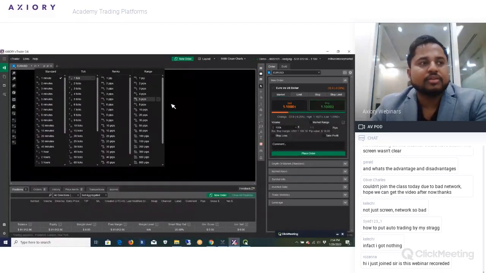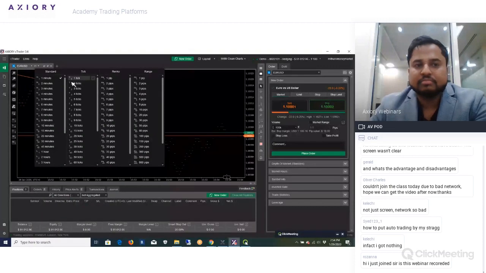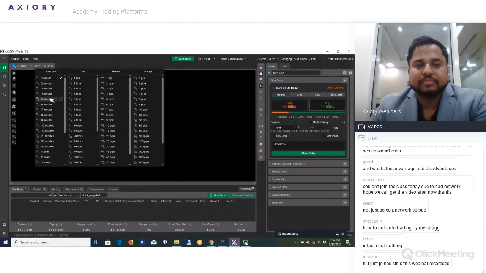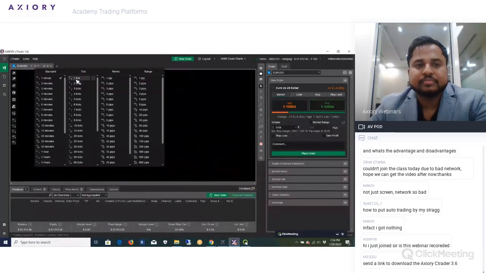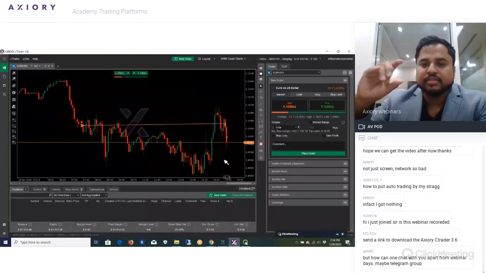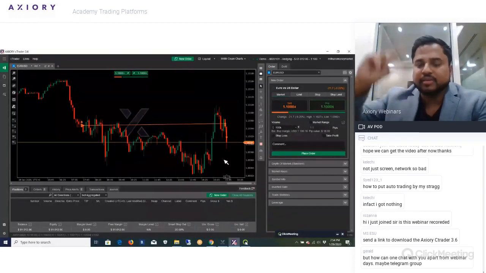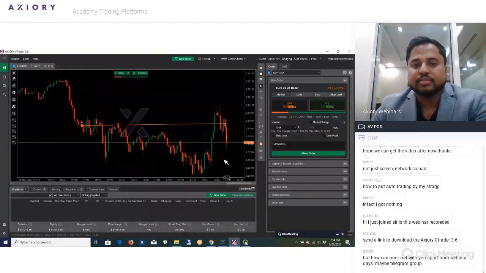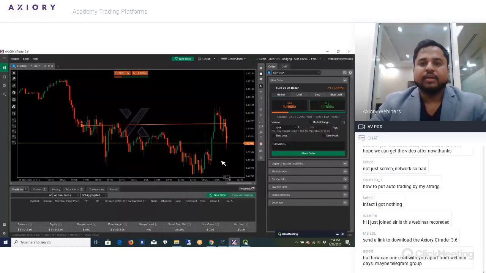But if your screen quality is very poor, it will take some time. So you can see each tick one by one, with very fast execution.